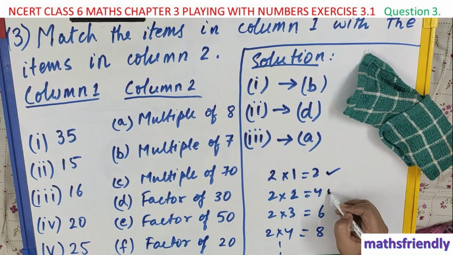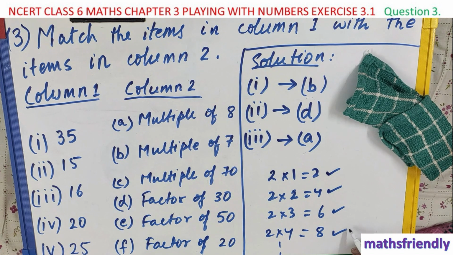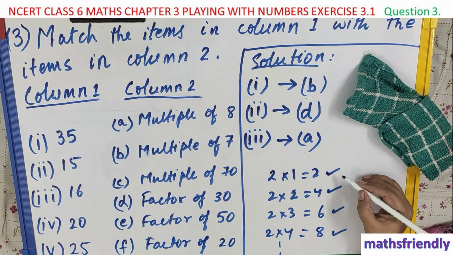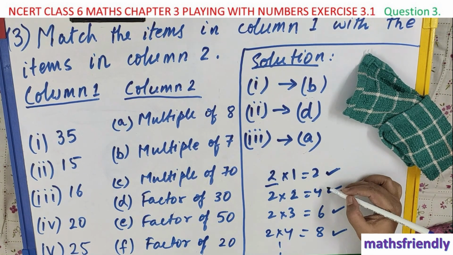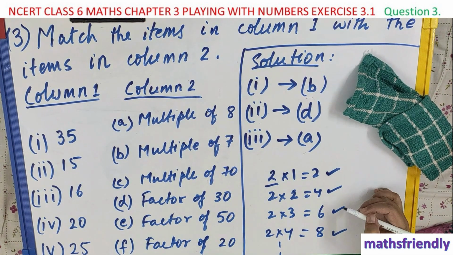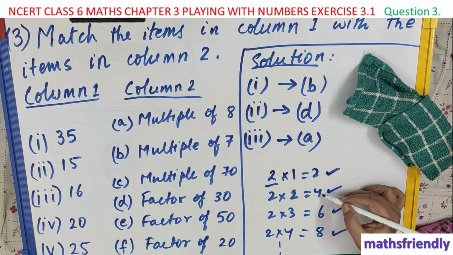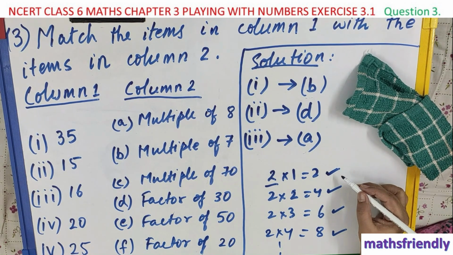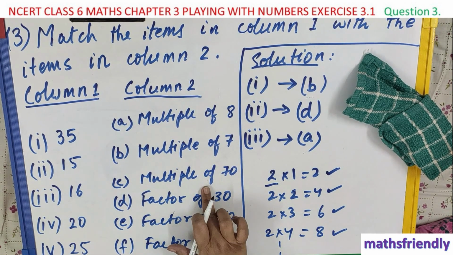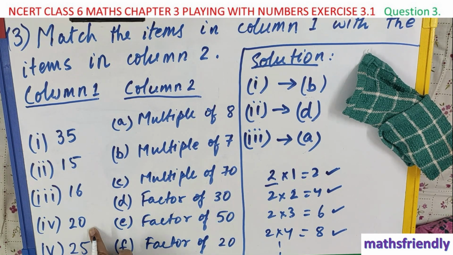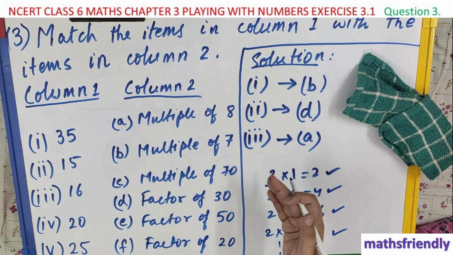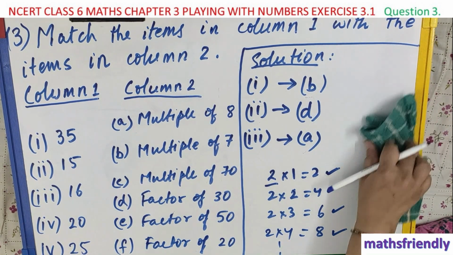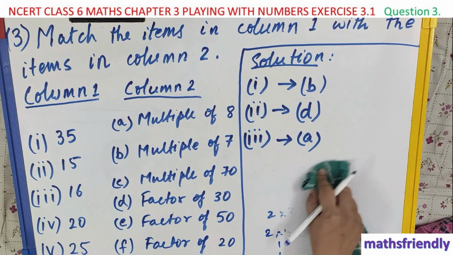What we have seen is that the multiples of any number are the same number or numbers greater than that number. So 20 cannot be a multiple of 70 because 20 is smaller than 70. The multiples of 70 will be either 70 or numbers greater than 70.